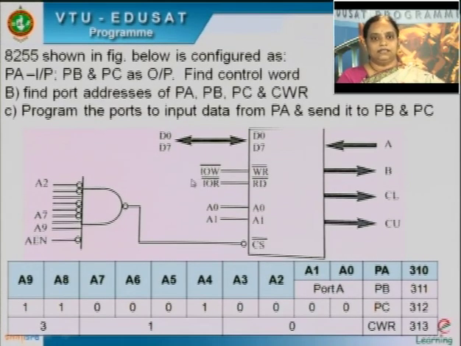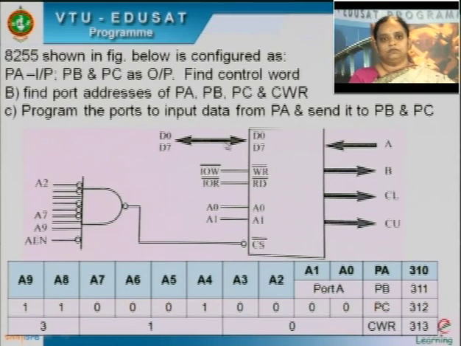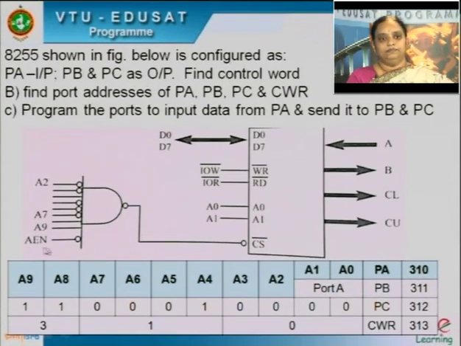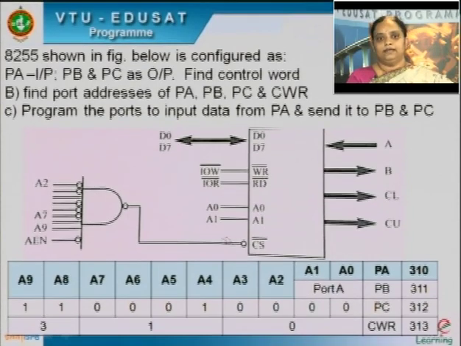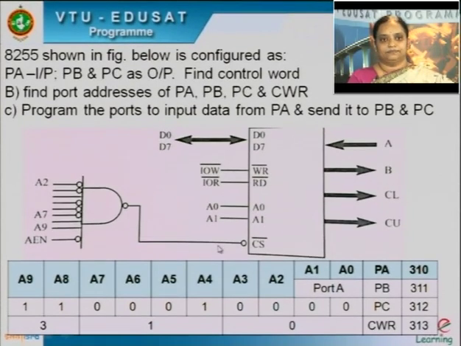And we can see that this is IO write and IO read, this is IO mapped IO, and D0 to D7 from the microprocessor is directly connected to D0 to D7 of the 8255. Then we also have AEN, address enable. This bit along with the rest of the address lines enables the chip select.